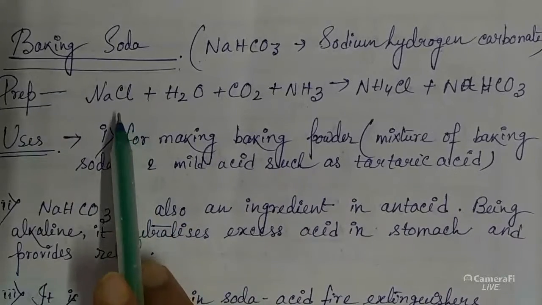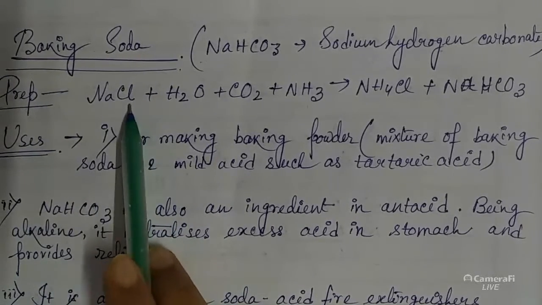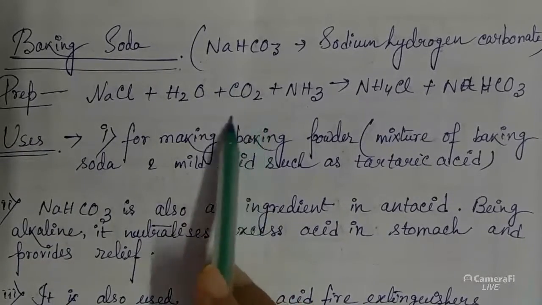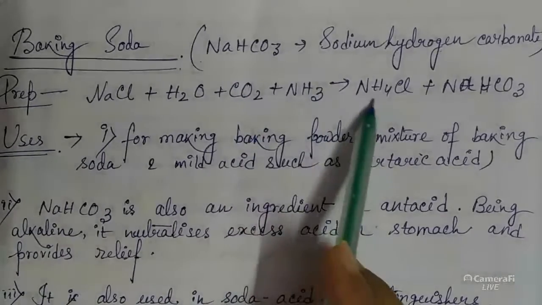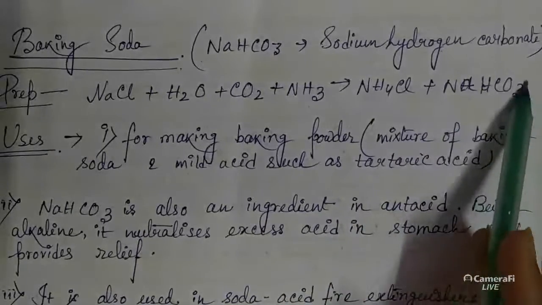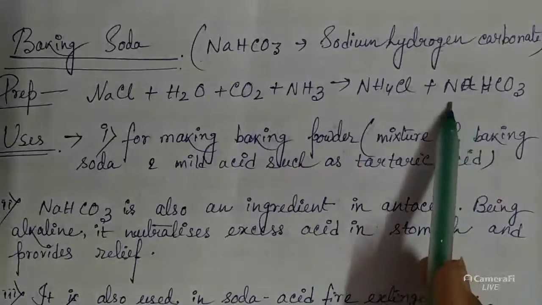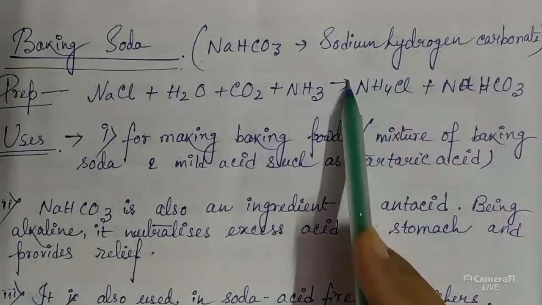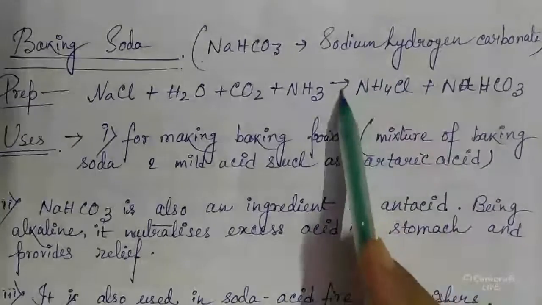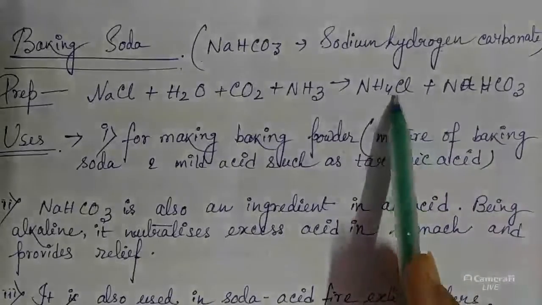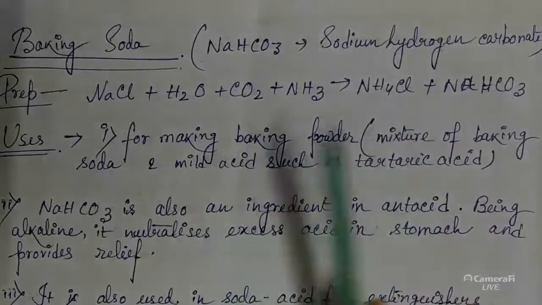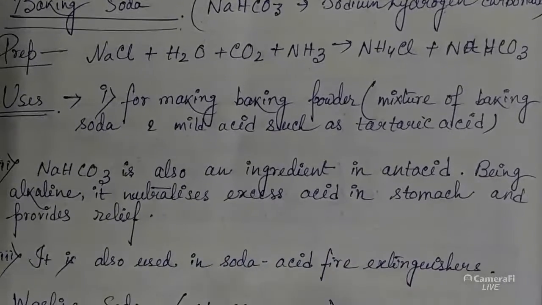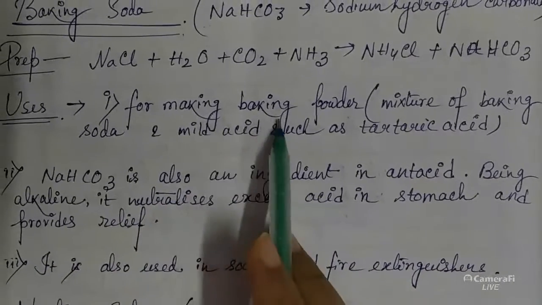When sodium chloride reacts with water in the presence of carbon dioxide and ammonia, then ammonium chloride and sodium hydrogen carbonate will be produced, and sodium hydrogen carbonate will be separated from ammonium chloride by the sublimation process, because NH4Cl can sublimate. It has the sublimation property.